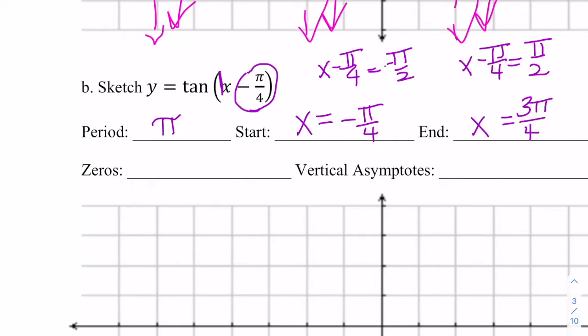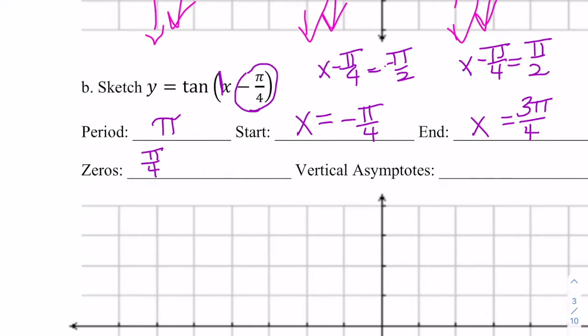Now remember, the halfway point between the two asymptotes is the 0. So usually the 0 is at 0, and everything shifted over to the right, pi over 4. If you wanted to double check, you can also add pi over 2 to the first asymptote, and you'll get pi over 4.